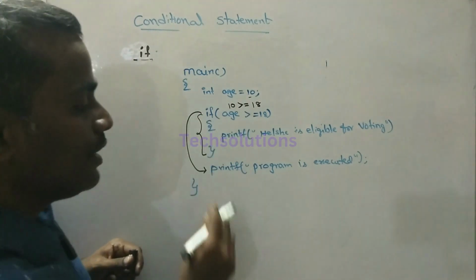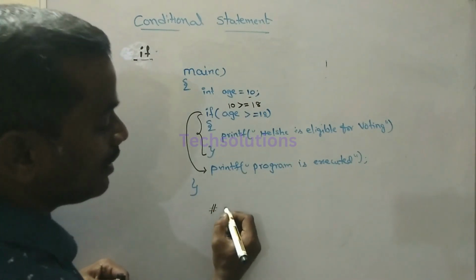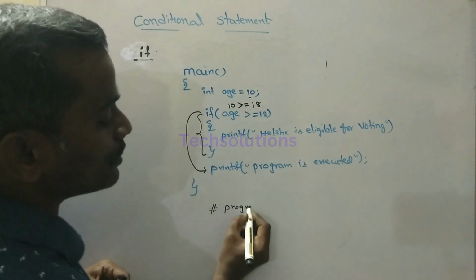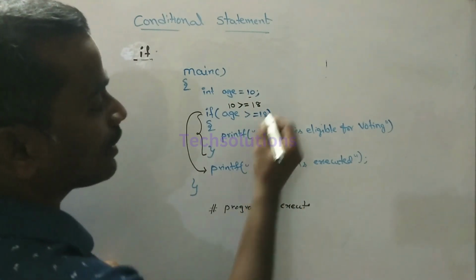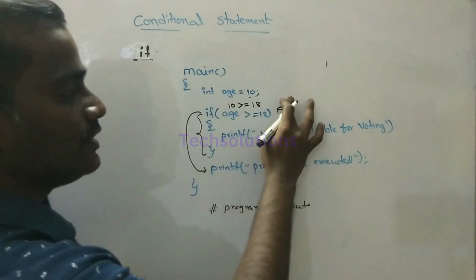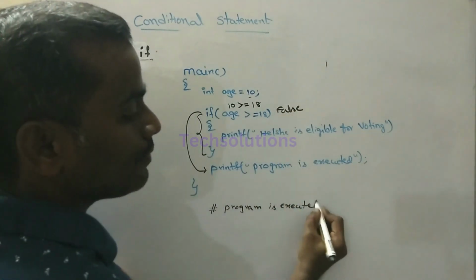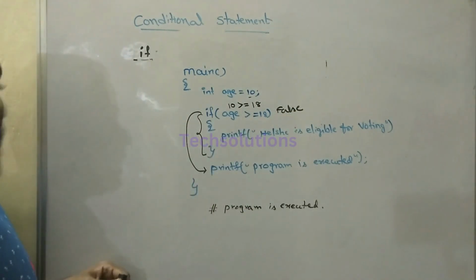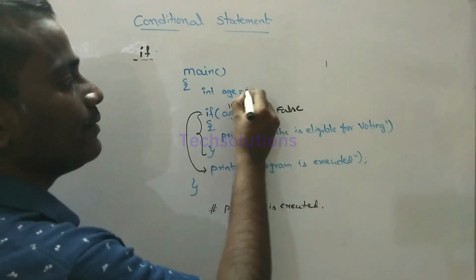Then printf gives one output: the program is executed, when the condition is false. Only one output I get. Suppose I declare my age as 30.